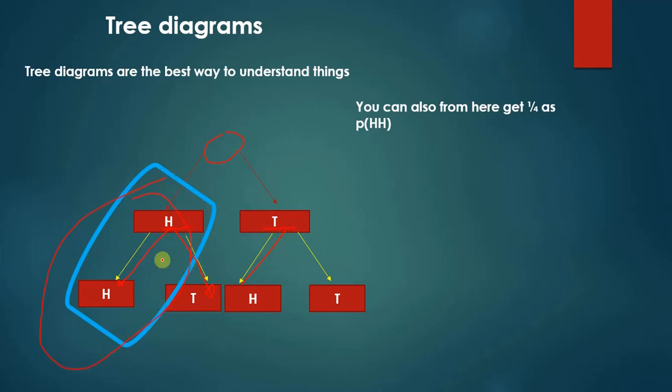So this is one out of the four options: head-head, head-tail, tail-head, tail-tail. So tree diagrams are the best way to understand. You can easily draw them if you have any confusion about the multiplication rule. In simple words, if two events are independent joint events, we can directly get their probability by multiplying the probabilities of those events.